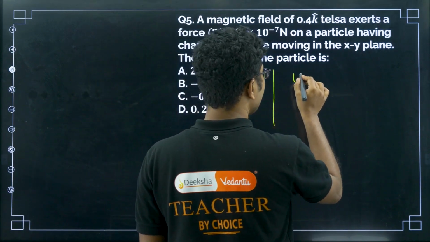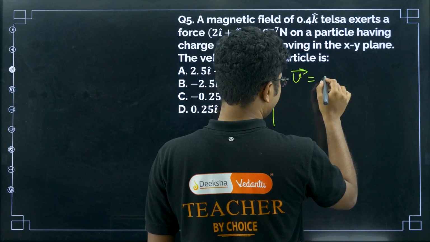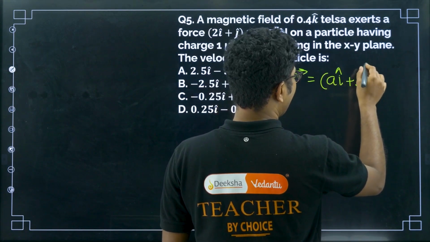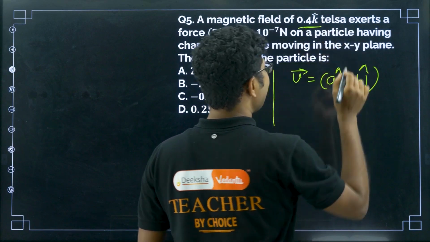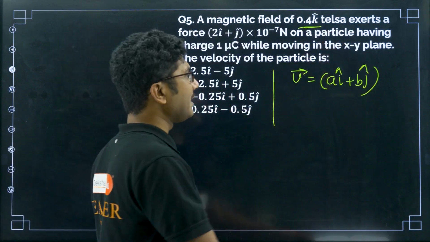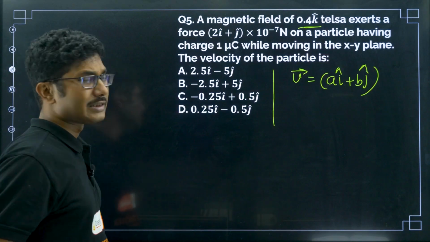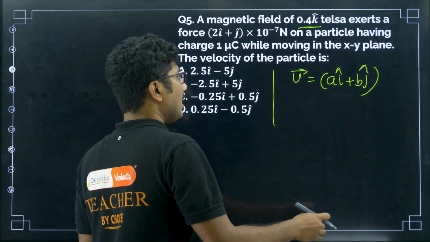Here you have to assume the velocity v is a i cap plus b j cap. Since the magnetic field is k cap, there should not be any k cap component in velocity v. You can see in the answers also, there is no k cap component in the velocity v.